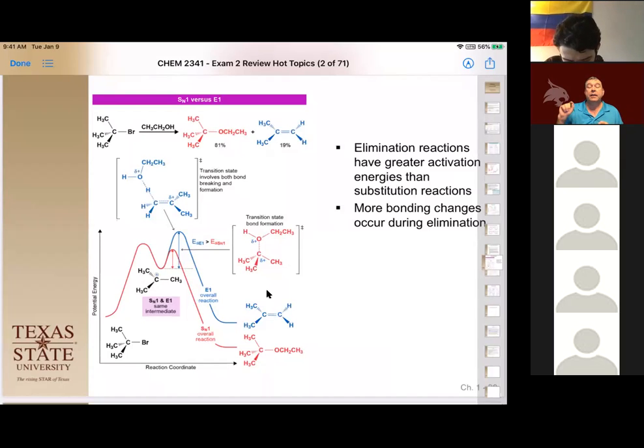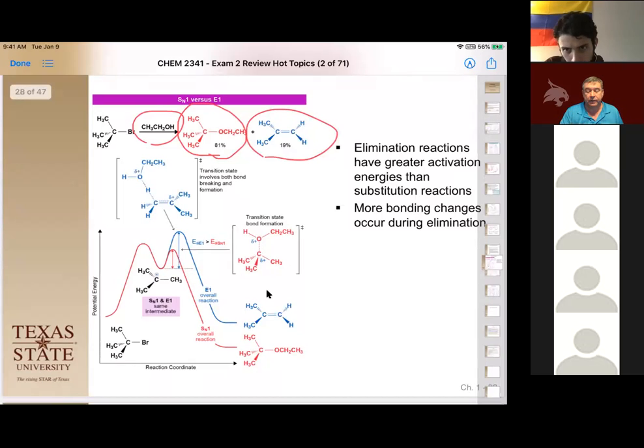So we have to look at the products based on where that beta proton has been removed. Now notice in this case right here, we're using ethanol as our solvent, and it turns out it's a polar protic solvent which promotes the formation of a carbocation, but we have a lot of SN1 as the product and some E1 as the product. So we have to look at the nature of the solvent to help us identify our products.